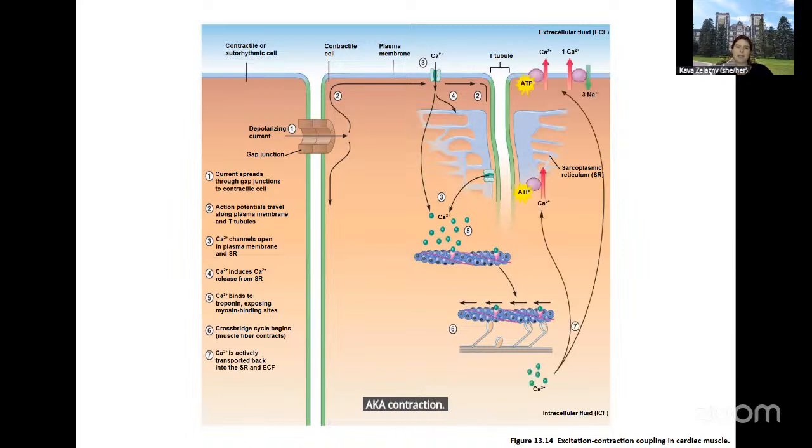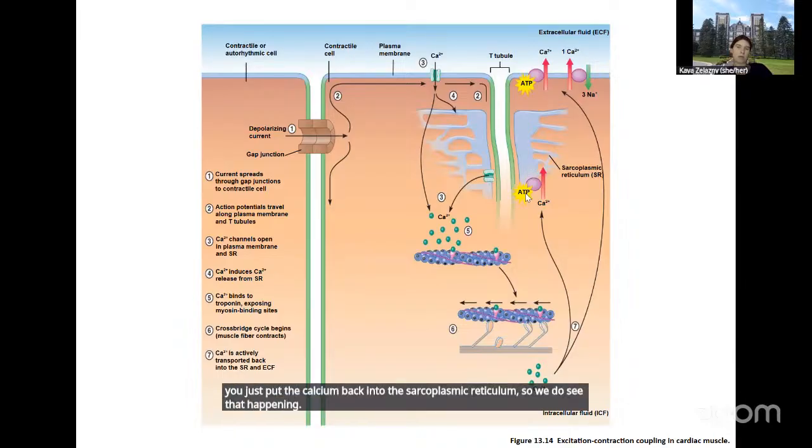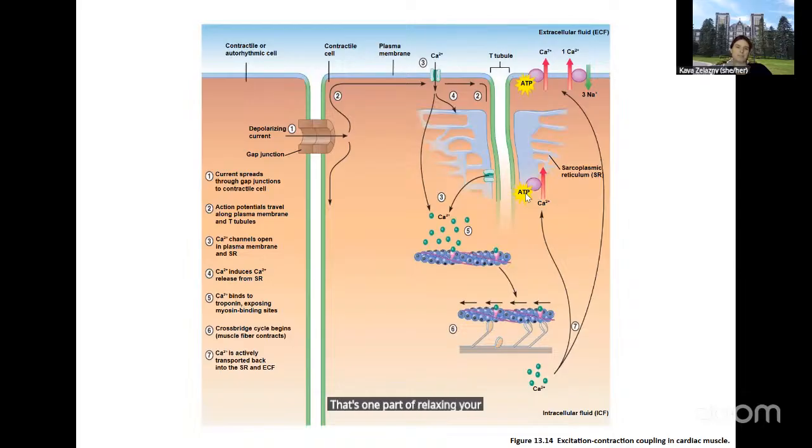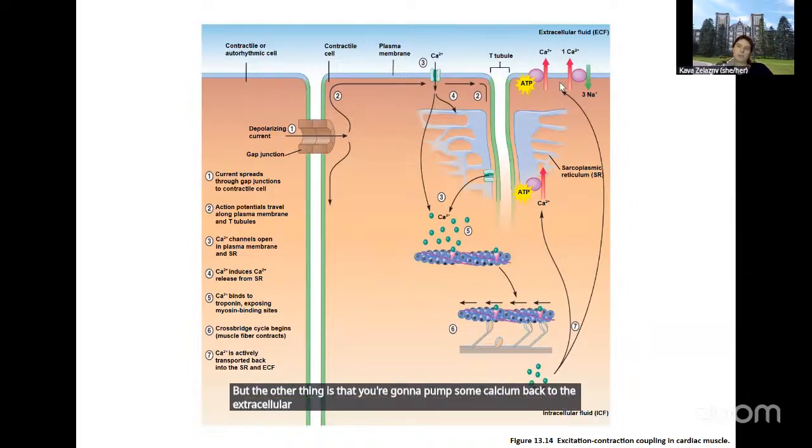All right. And then we have to relax. So in order to relax, in skeletal muscle, you just put the calcium back into the sarcoplasmic reticulum. So we do see that happening. That's one part of relaxing your heart cell. But the other thing is that you're going to pump some calcium back to the extracellular fluid too. So here you see a calcium pump, right? We know it's a pump.